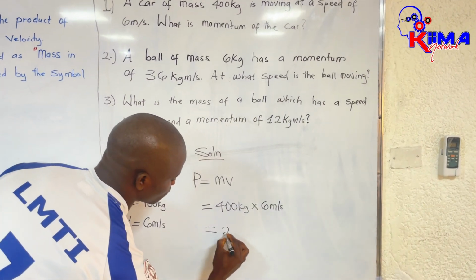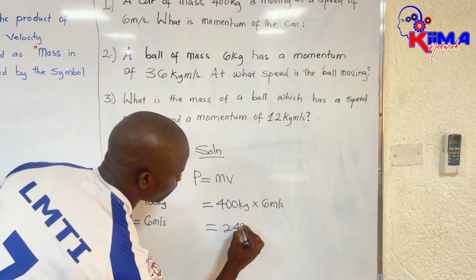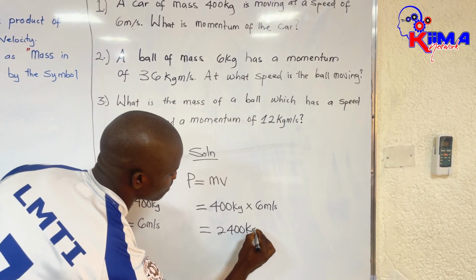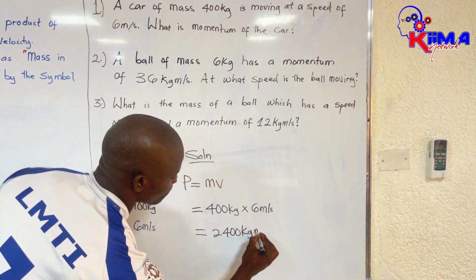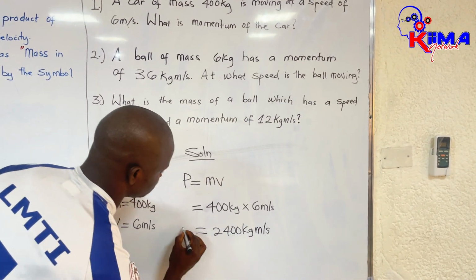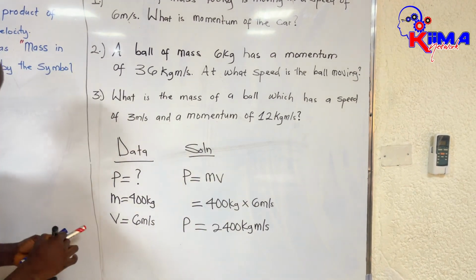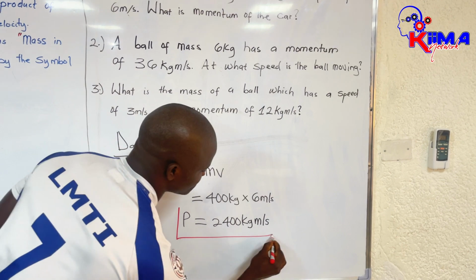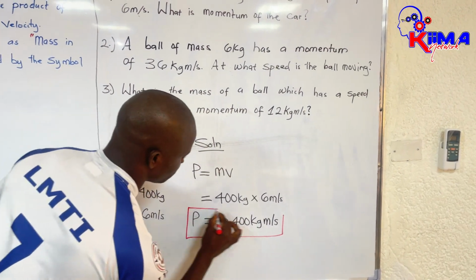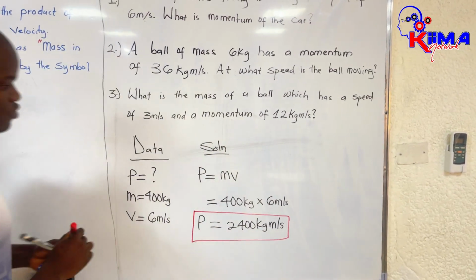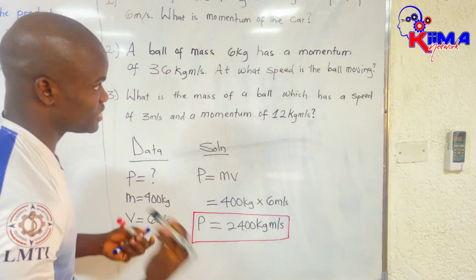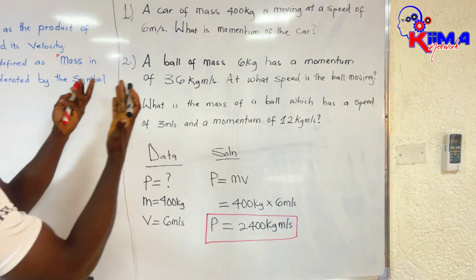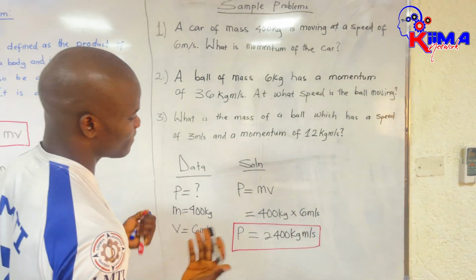So we say 2,400 kg meter per second is the answer. So the momentum of this car is 2,400 kg meter per second.